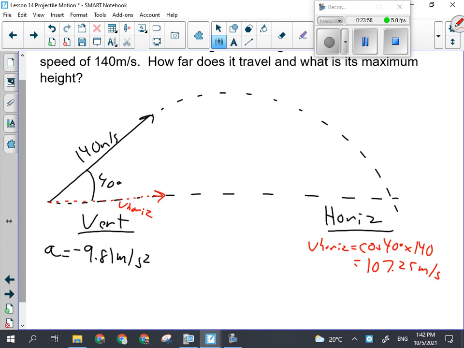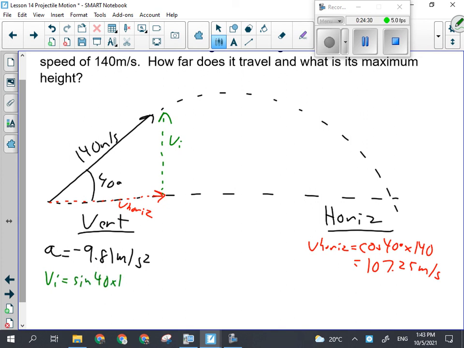Okay. The other thing I have to remember is that I can also calculate how fast it's moving vertically, at least initially. Why only initially? What kind of motion is it experiencing vertically? Accelerated. So its velocity is going to change every instant after time zero, right? So this is my initial velocity, how fast it's moving at time zero, and I would calculate that again using trig.